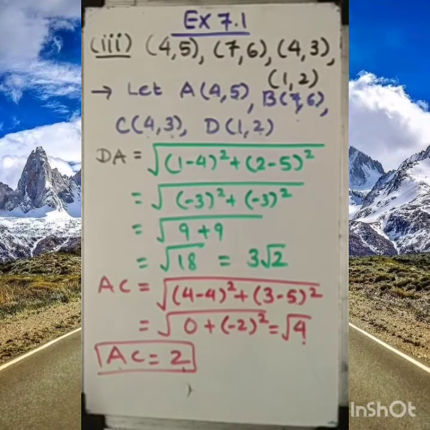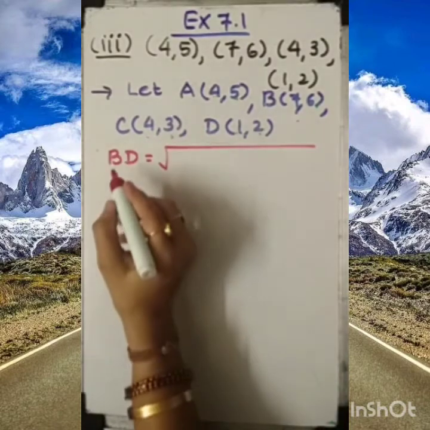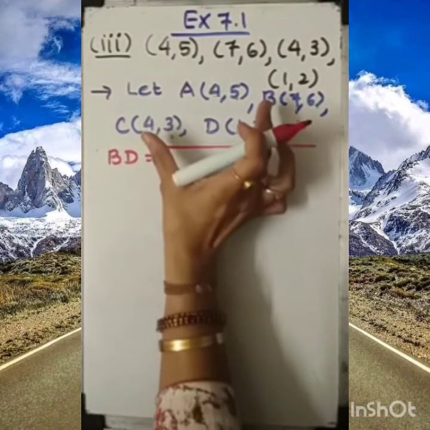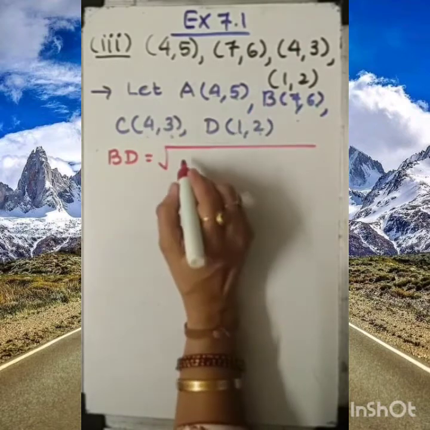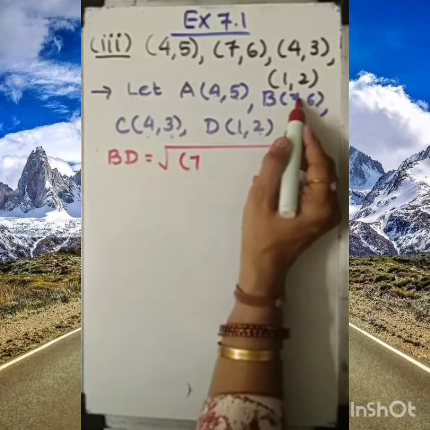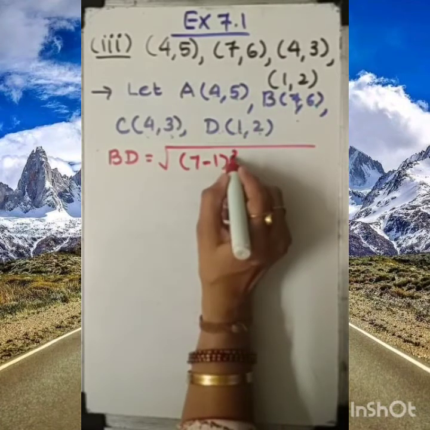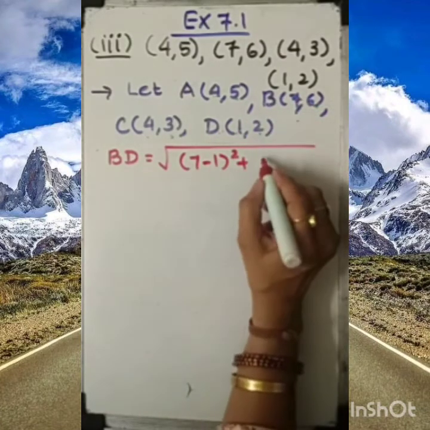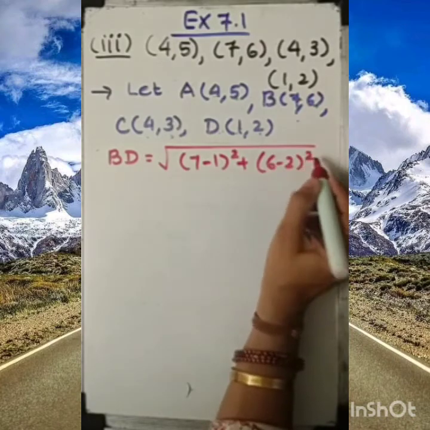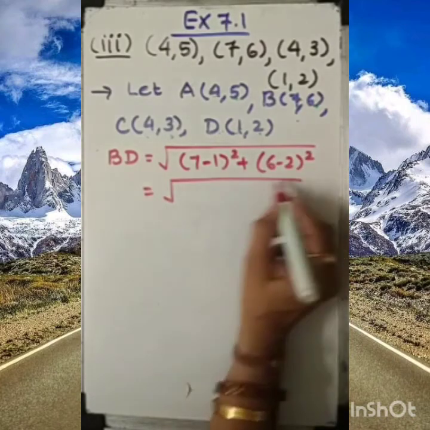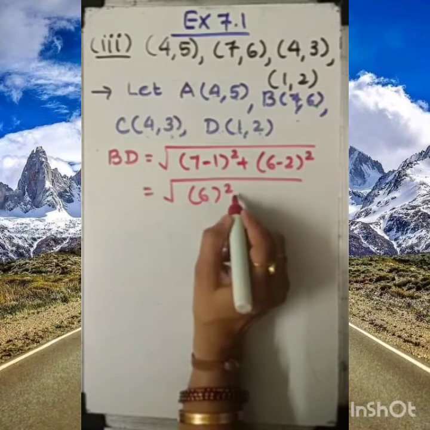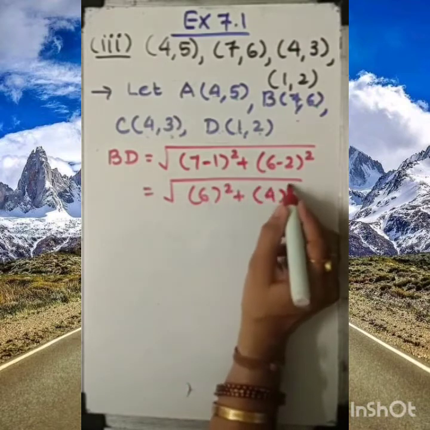Let's find BD now. My dear student, here BD is the distance between these 2 points. This is the other diagonal. 7 minus 1 whole square plus 6 minus 2 whole square. You know very well 7 minus 1 is 6 square, and this is 4 square.